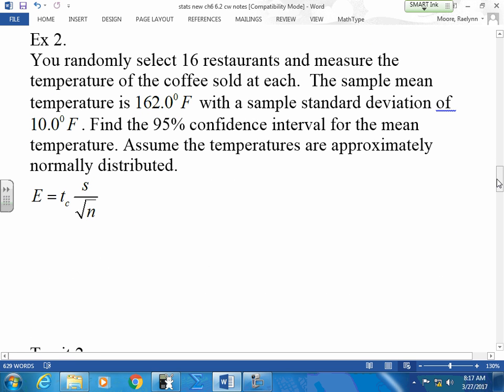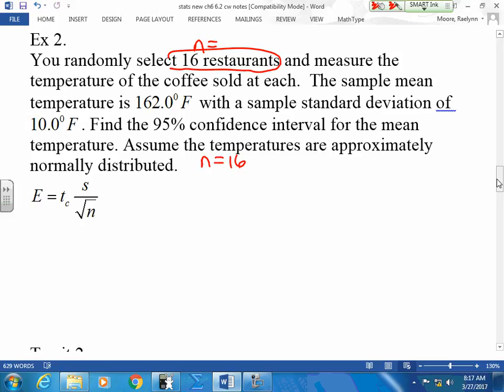So let's try exercise 2. You randomly select 16 restaurants. This is important. What variable does 16 restaurants represent? So that's the n, right? Good. And you measure the temperature of the coffee sold at each. The sample mean, I still get an x̄, is 162.0 degrees Fahrenheit with a sample standard deviation.